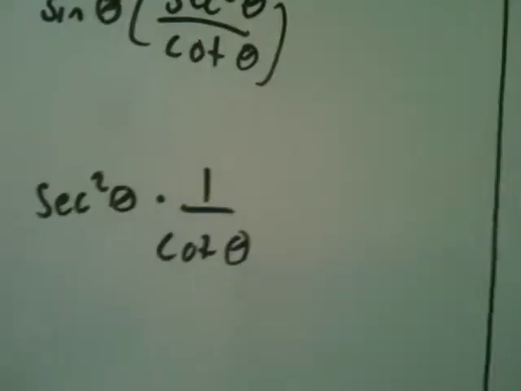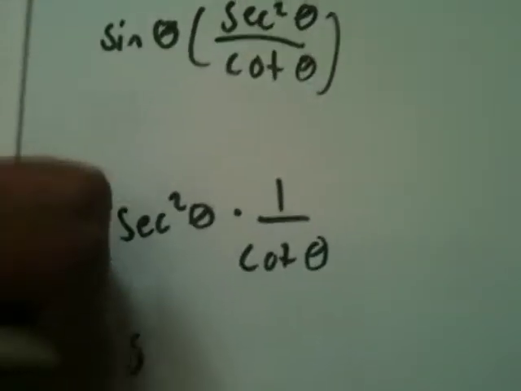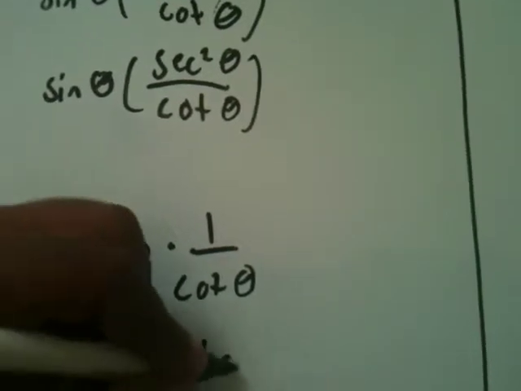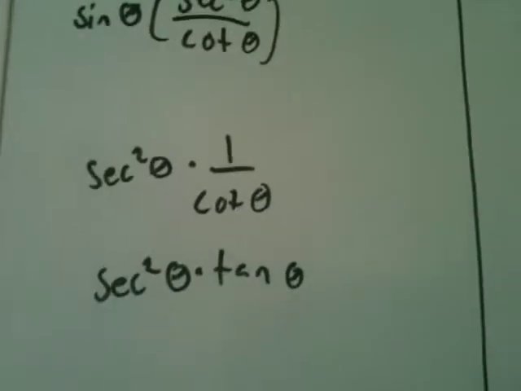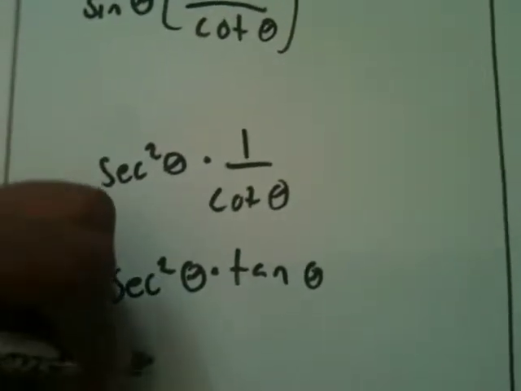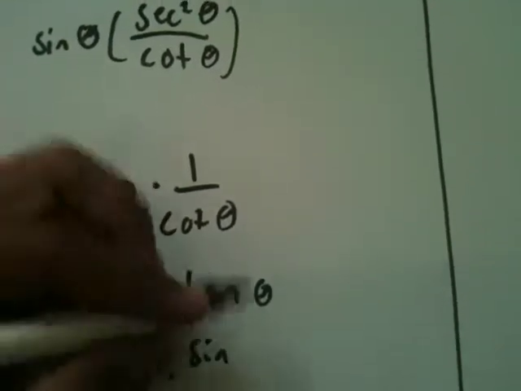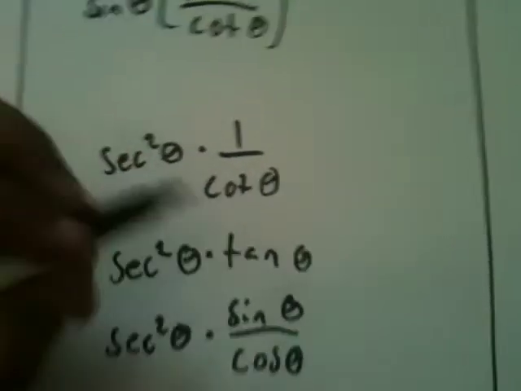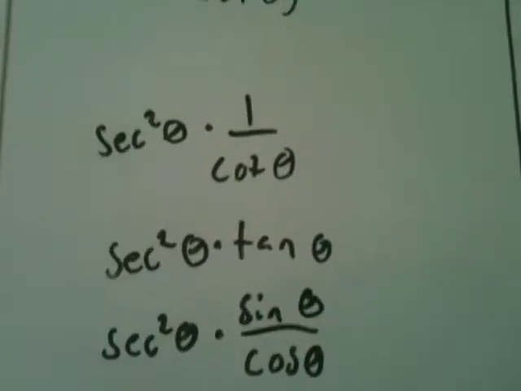And now you can say this is equal to the tangent, so that's secant squared of theta times tangent of theta, and you can replace this with sine over cosine. So that's secant squared theta times the sine of theta over the cosine of theta, and also replace secant with its respective function. Maybe you might get something out of it.